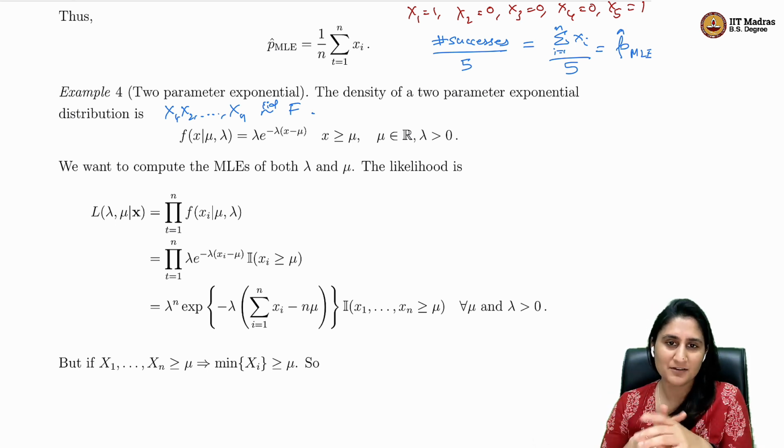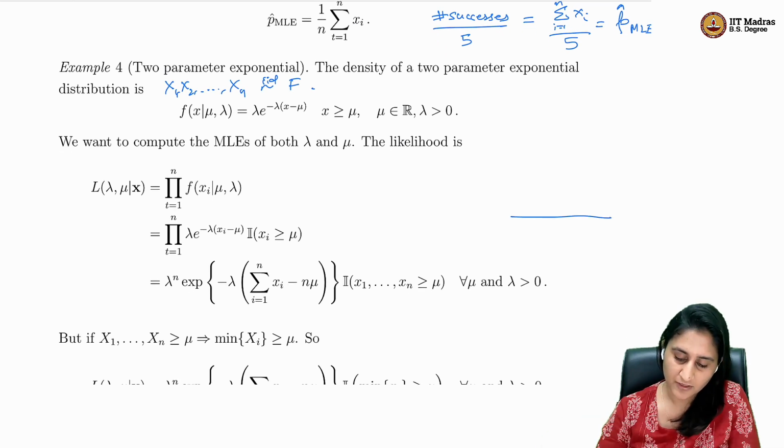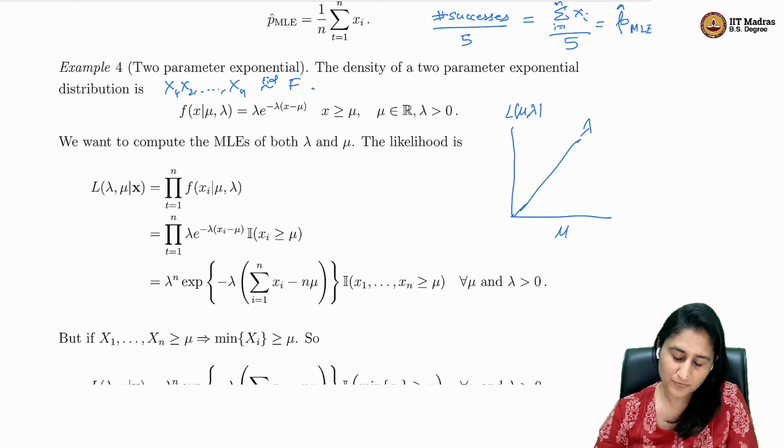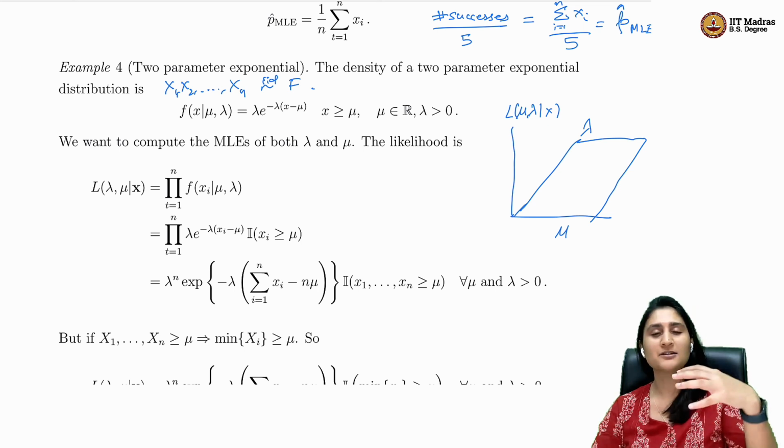So it's a two-parameter likelihood function, which means if I were to draw this likelihood function, I'll have mu on one axis, lambda on another axis, and on the third axis would be L of mu comma lambda given x. And that would need to be constructed in a three-dimensional space.